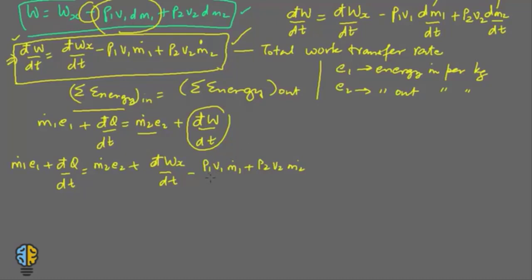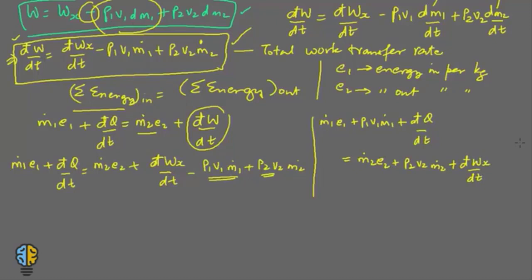Okay, now bring the values with suffix 1 on the left hand side and keep the values with suffix 2 on the right hand side, and we would get m1 dot E1 plus p1 v1 m1 dot, alright, plus dq by dt is equal to m2 dot E2 plus p2 v2 into m2 dot plus, let me rewrite it, plus dwx by dt.